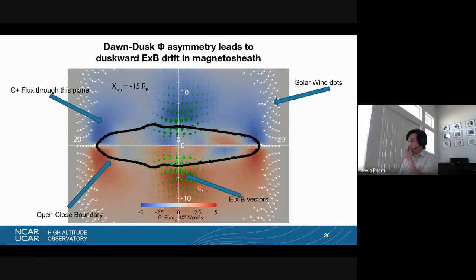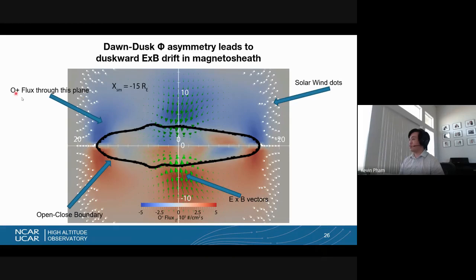This is the E cross B force and the direction that the ion outflow would be moving. You can see that they all have a slight duskward component, with dusk on the left. So there is a duskward bias in this E cross B vector.